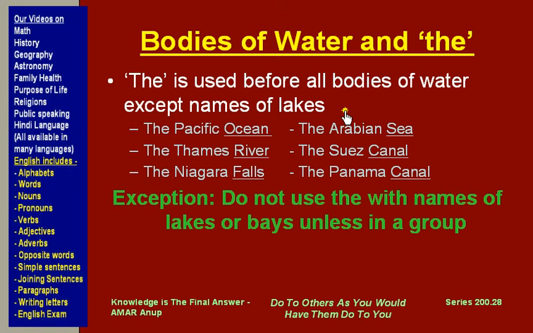So for any body of water, any collection of water, we use "the" before the name. So the Pacific Ocean, this is an ocean. The Arabian Sea, before the name of a sea. The Thames River, so here "the" is used before the name of the river. The Suez Canal, again "the" before the name of a canal.